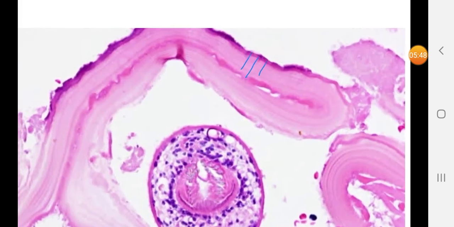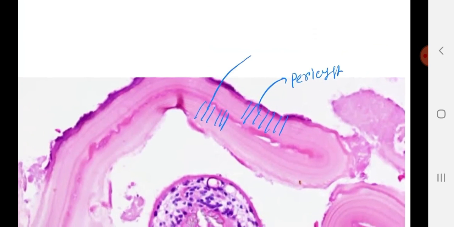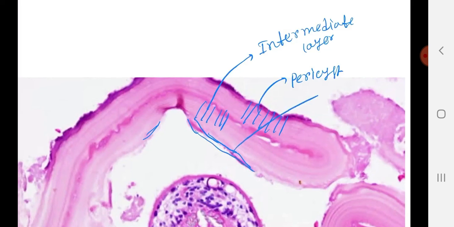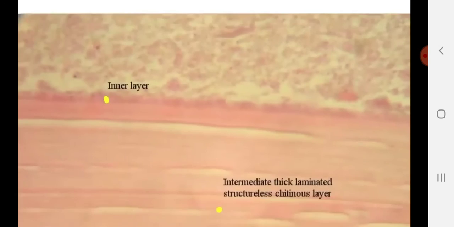So this is the pericyst, this is the thick intermediate layer, and this layer is called the endocyst.